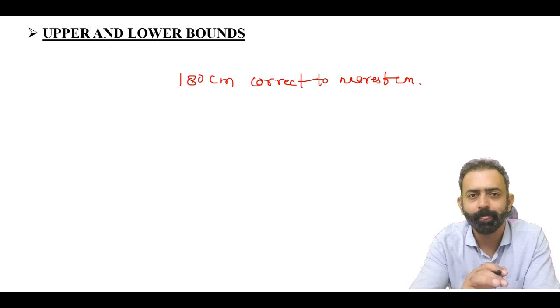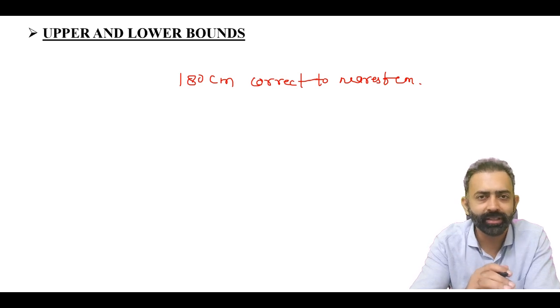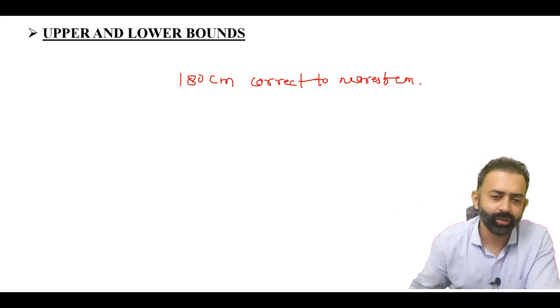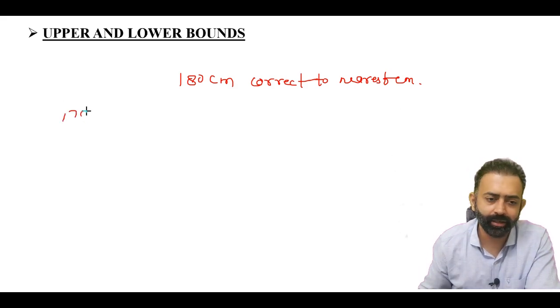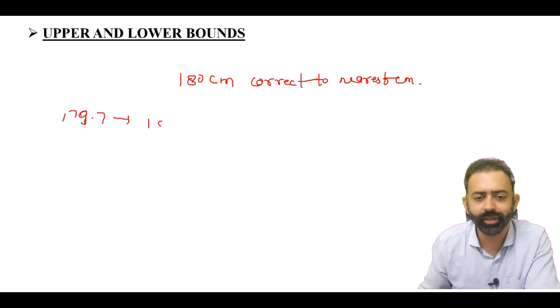Similarly, if I take the value which is less than 180, let us take 179.7, this will be rounded to 180. 179.5, this will also be rounded to 180.